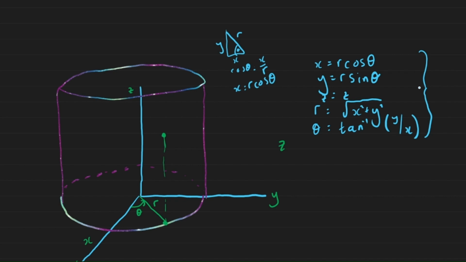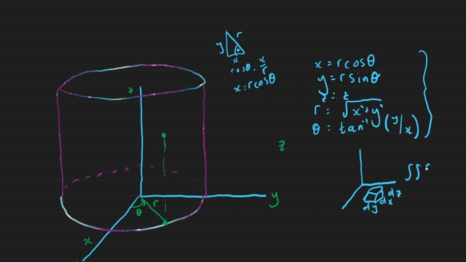So how do we actually now integrate using cylindrical coordinates? Well, as was the case in the normal coordinates with x, y, and z, all we do is we take a volume element. So we have a volume element, and of course it's just dx, dy, and dz, and then all we do is we integrate.